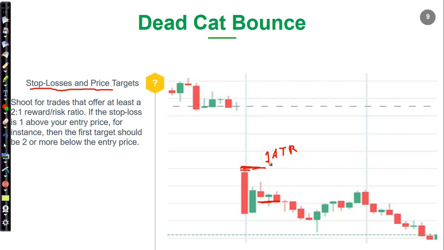If you don't know about the ATR, you just go to iBottom, where you will find how to use ATR perfectly. And our target, we are following a 1:2 ratio. Suppose this area is 1 rupee, our target will be around 2 rupees. That is our profit target.